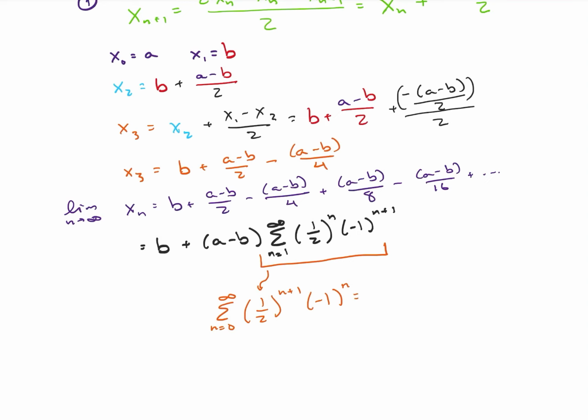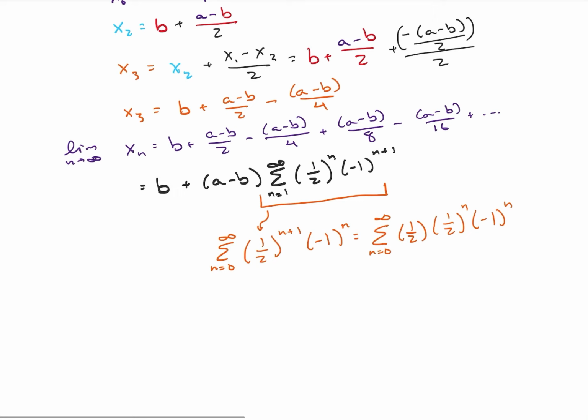And I can rewrite it one more time as the sum from n equals 0 to infinity of 1/2 times 1/2 to the n times negative 1 to the n, which finally I can write as the sum from n equals 0 to infinity of 1/2 times negative 1/2 to the n.